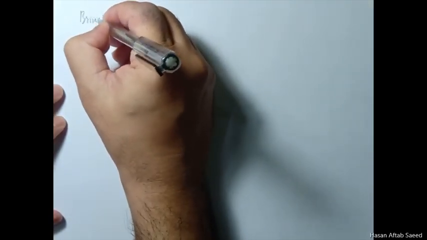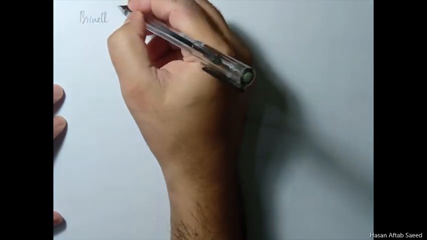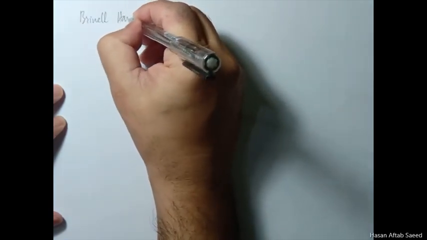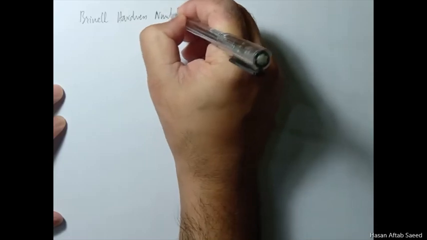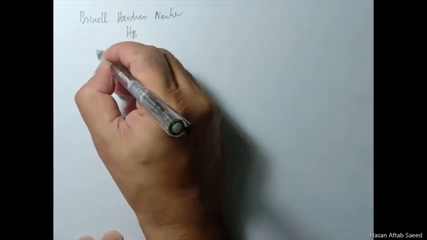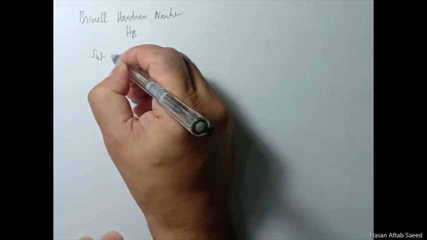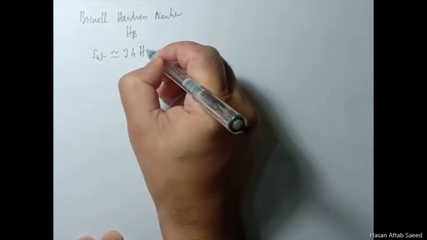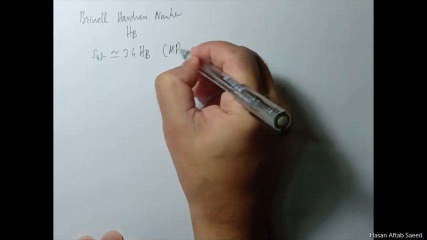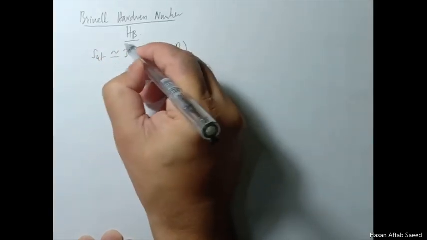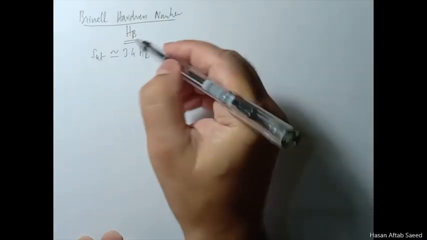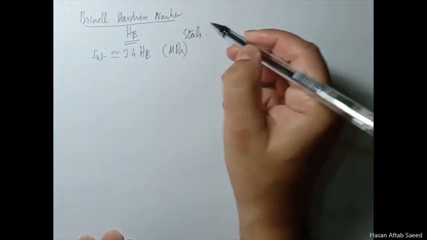To discuss the first thing first, if you know the Brinell hardness number, HB, for a steel, then you can find out SUT, the ultimate tensile strength, is about 3.4 HB in MPa. This is for steels. We are talking about steels here.